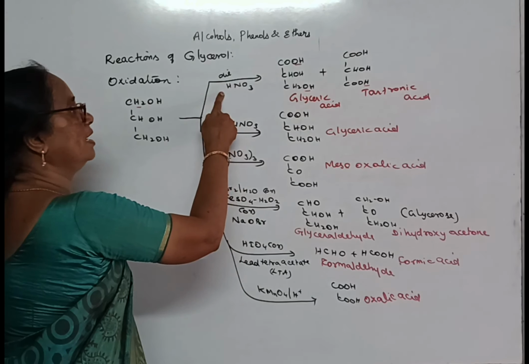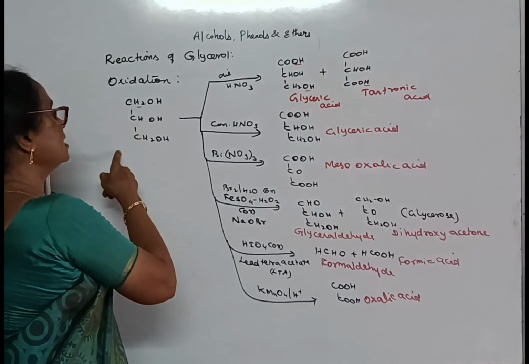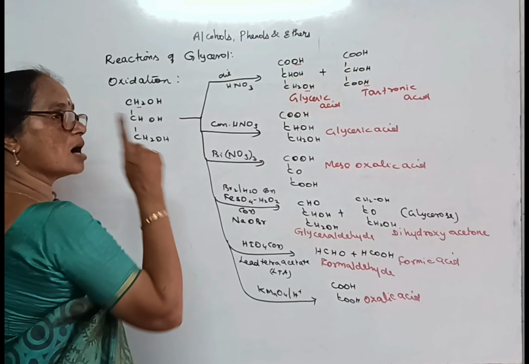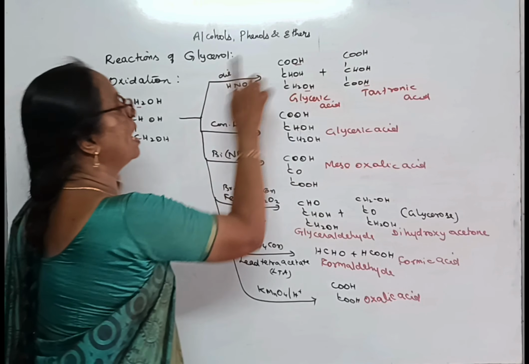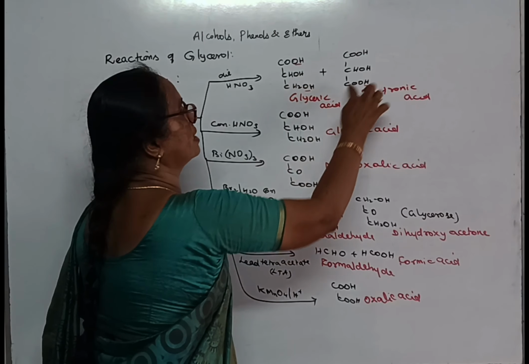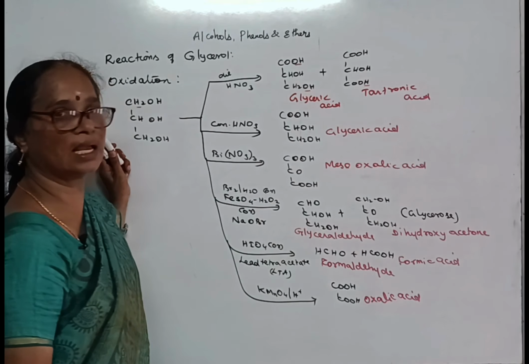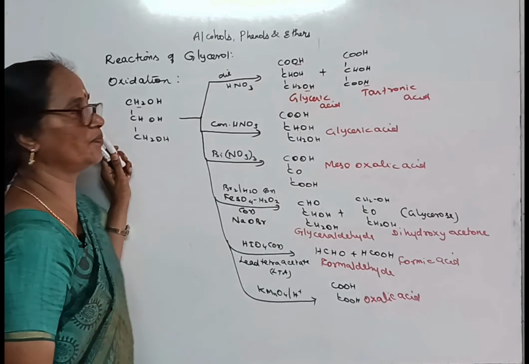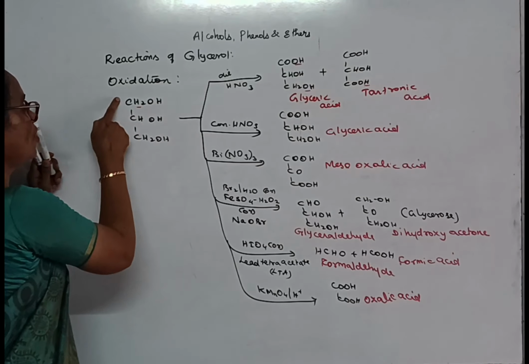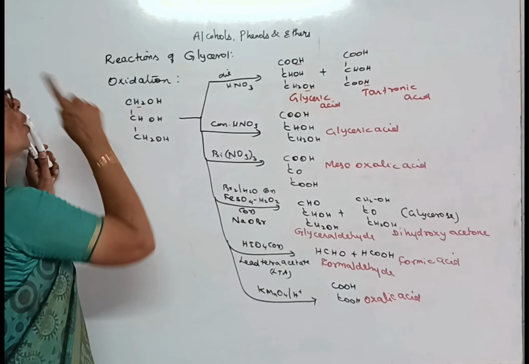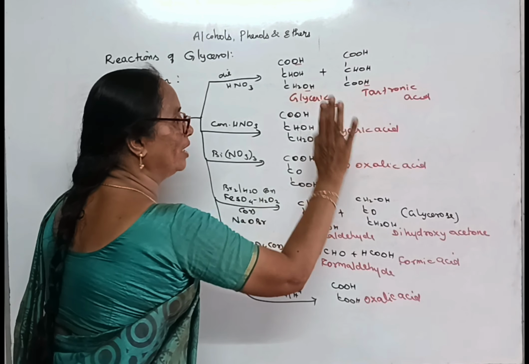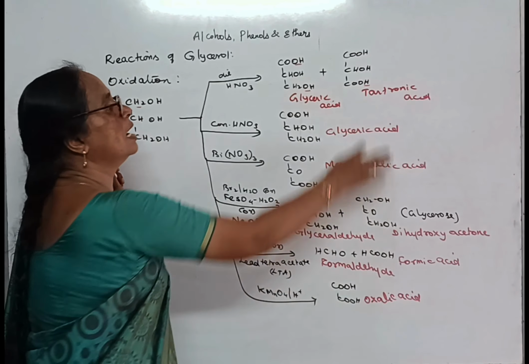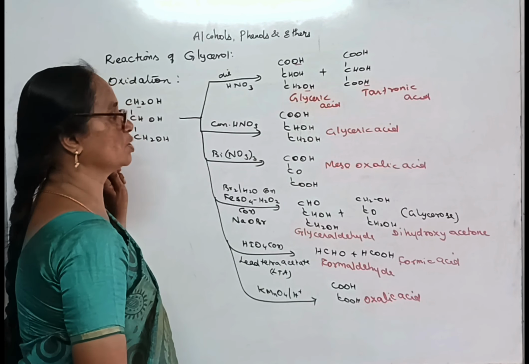So with dilute nitric acid, the glycerol undergoes oxidation only at the primary alcoholic group, and hence you are getting glyceric acid and tartronic acid. Suppose concentrated nitric acid is taken, only one of the two CH2OH groups, one primary alcohol, is oxidized, and hence you will get mainly glyceric acid; tartronic acid won't be produced.